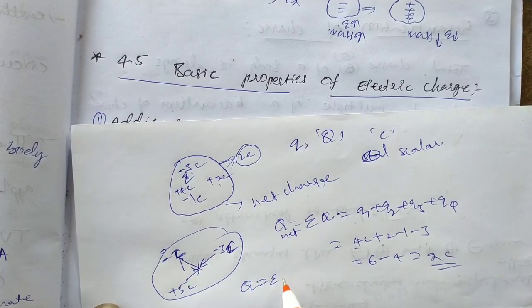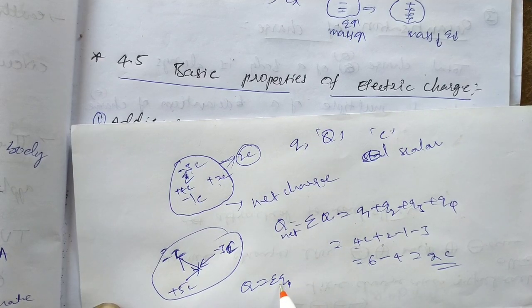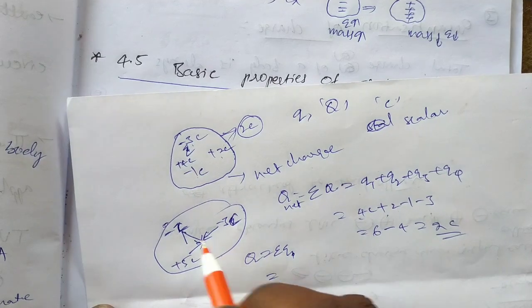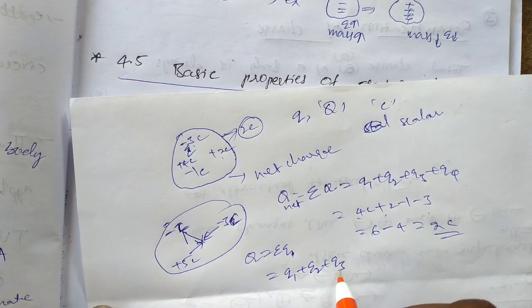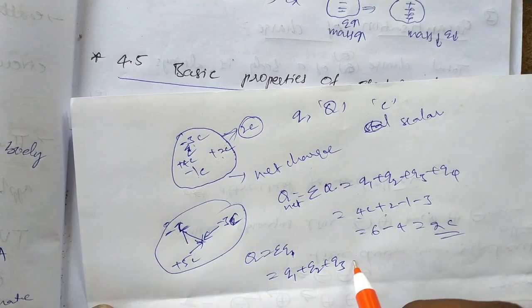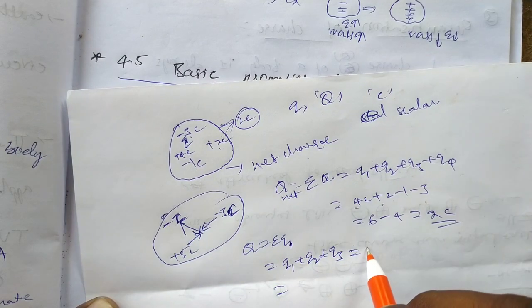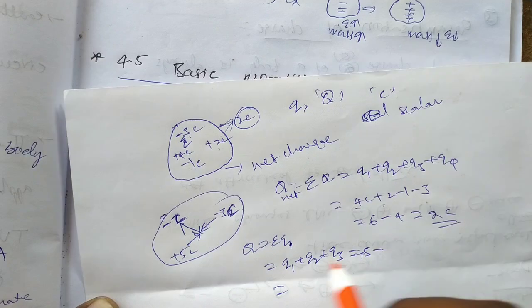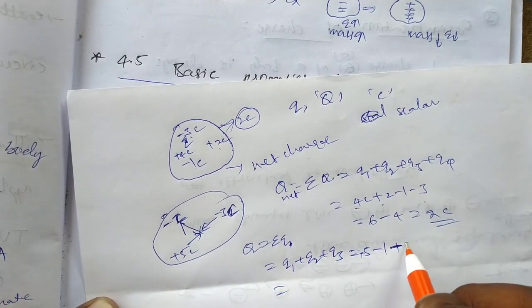Q is equal to the algebraic sum of the individual charge carriers, that is Q1 plus Q2 plus Q3, three charge carriers. Here 5 coulombs, minus 1, minus 3 coulombs.